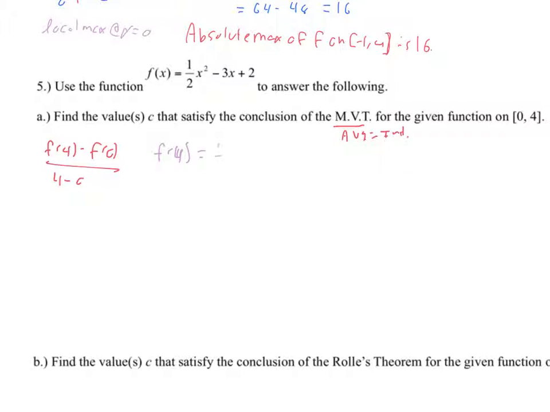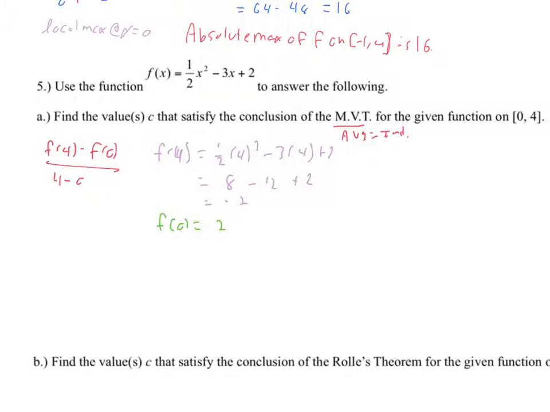f of 4 is equal to 1/2 times 4 squared minus 3 times 4 plus 2. 8 minus 12 plus 2, -2. f of 0 is equal to 2.